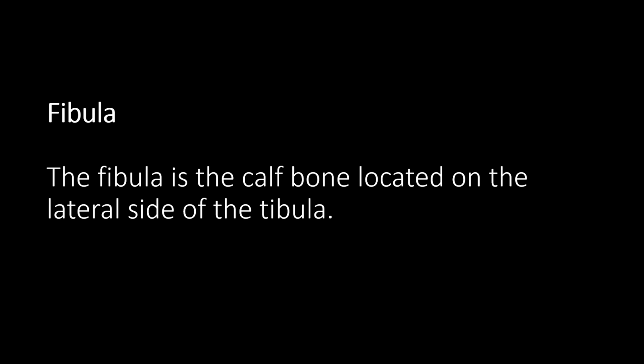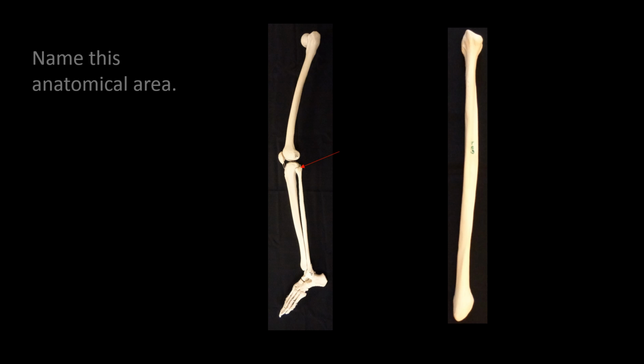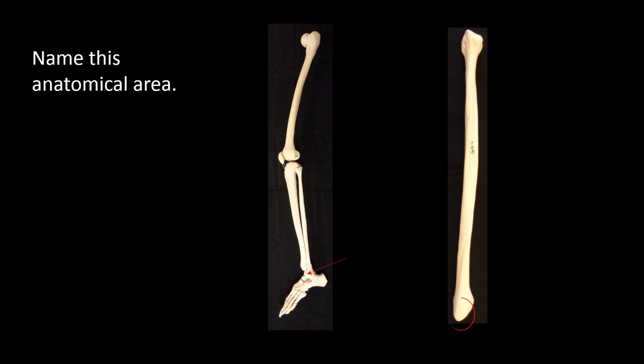Fibula. The fibula is the calf bone located on the lateral side of the tibia. Name this anatomical area. Fibula head. The upper extremity of the fibula is called the head. Name this anatomical area.